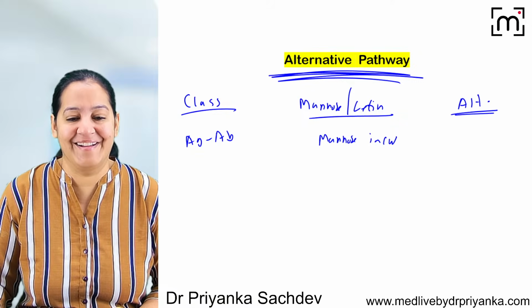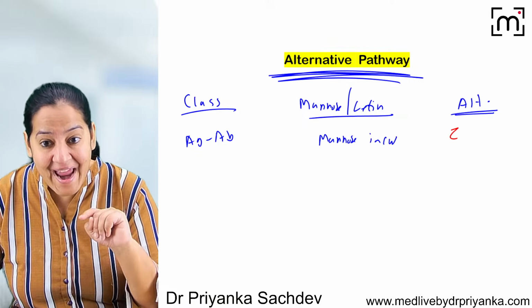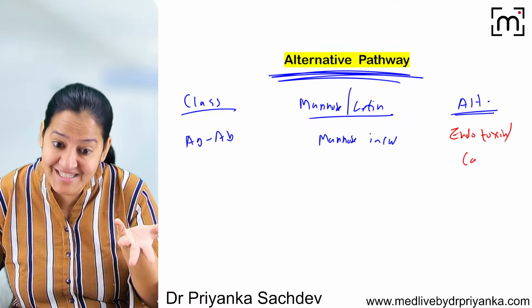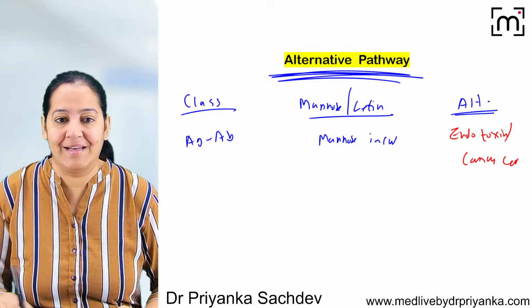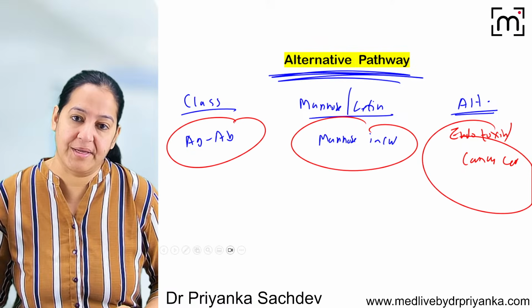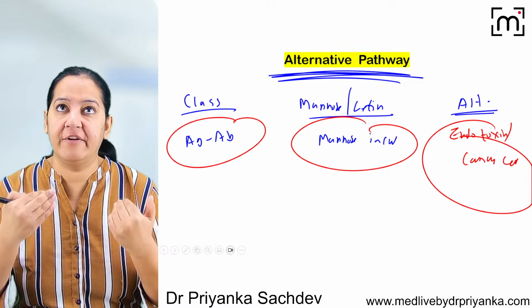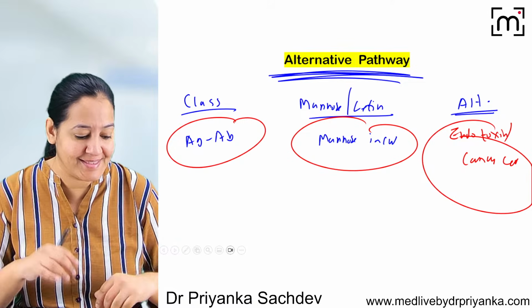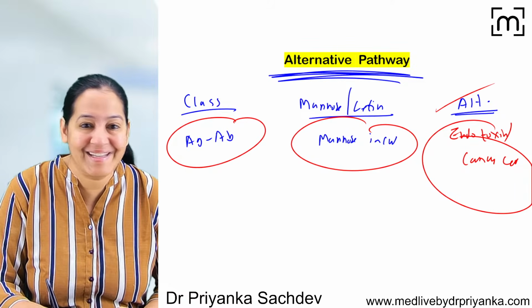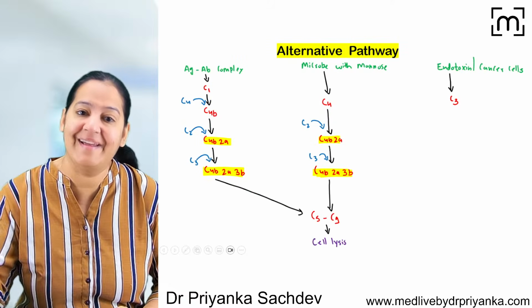So here the trigger is endotoxin. Some bacteria secrete endotoxin. Endotoxin or the cancer cell is the trigger. Trigger is different in all 3. So in human blood, if the endotoxin is present or cancer cell is present, it will activate the alternate pathway. Not classical, not Mannose. It will activate directly alternate pathway.